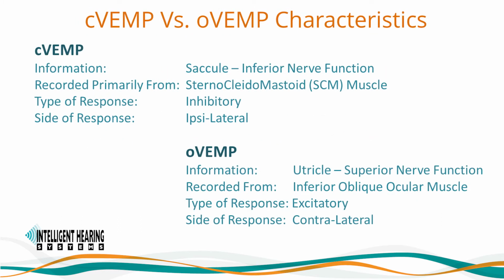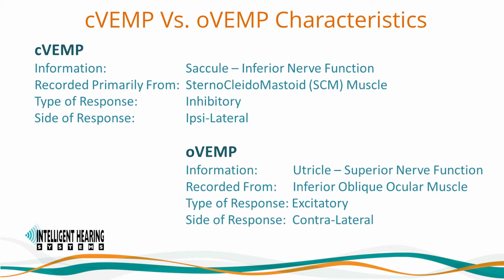To recap, here is a side-by-side comparison of the characteristics of the cVEMP and oVEMP responses. cVEMP information originates from the saccule and inferior nerve function. It is recorded primarily from the sternocleidomastoid SCM muscle.